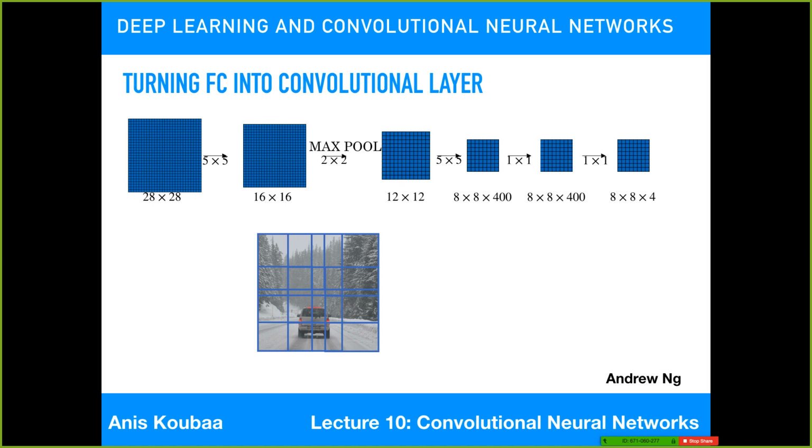It's not 4 pixels. This is a volume that is 2 by 2 by 4. Okay, 2 by 2 by 4 means 16 values.